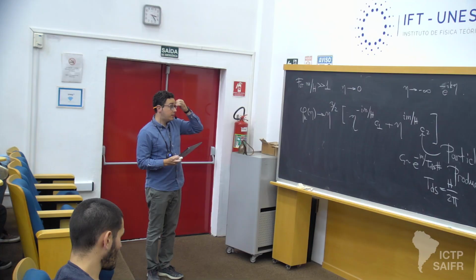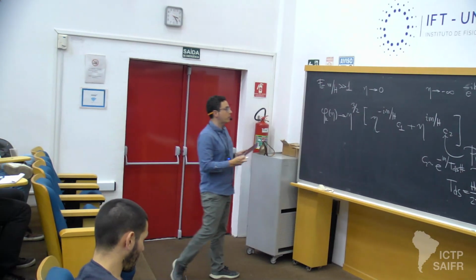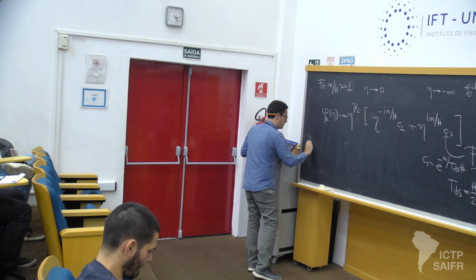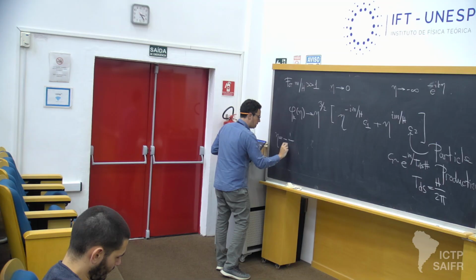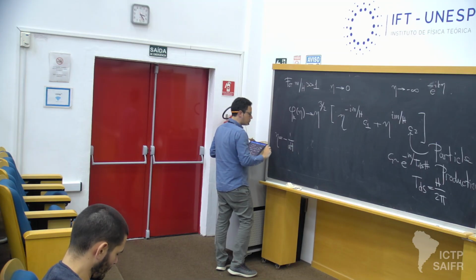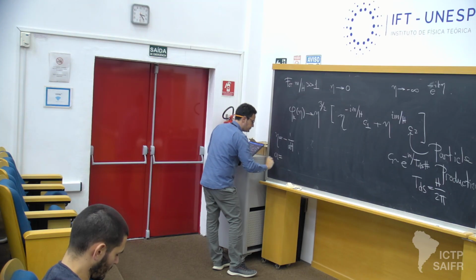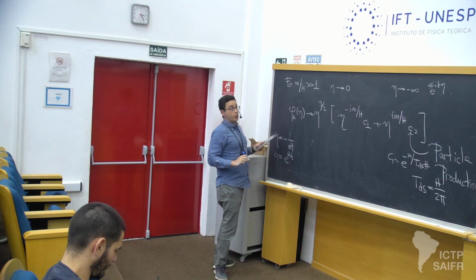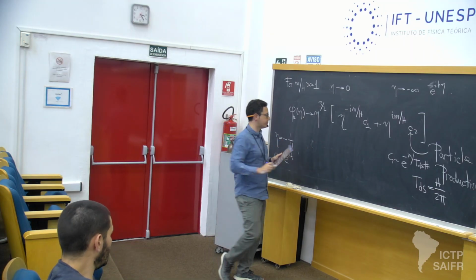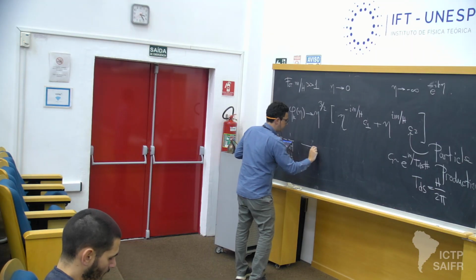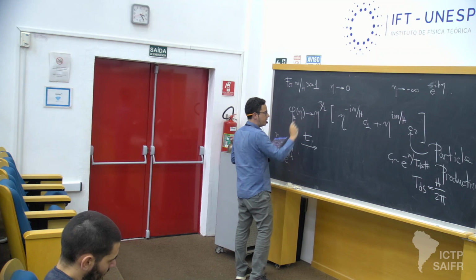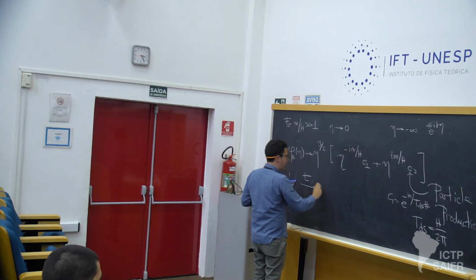But why is this related to particle production? Because eta is minus 1 over aH, and a is e to the Ht. If I were to go back to cosmic time, so write it in terms of cosmic time instead of eta, then this term, okay, forget about it.